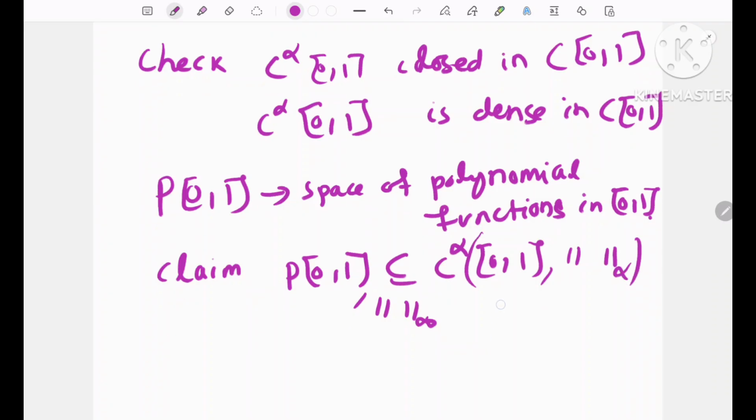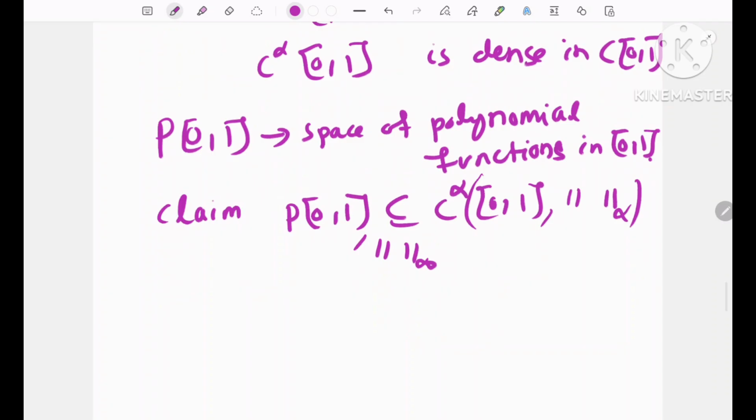Let us verify these things. It means that every polynomial function is a Hölder continuous function.